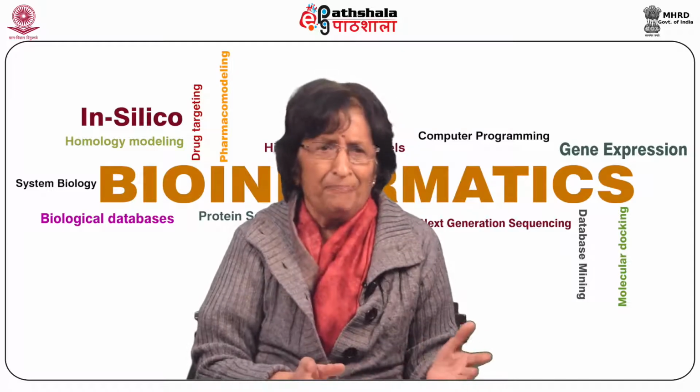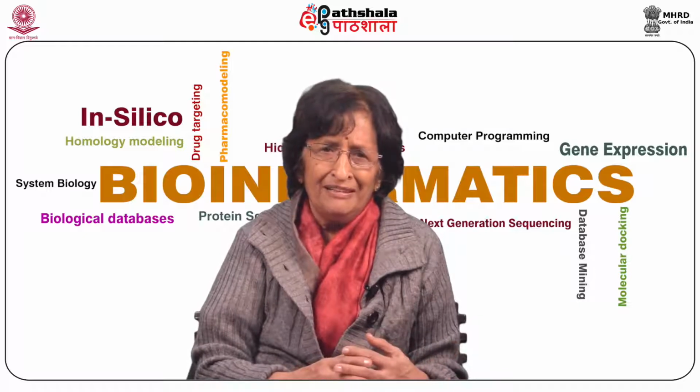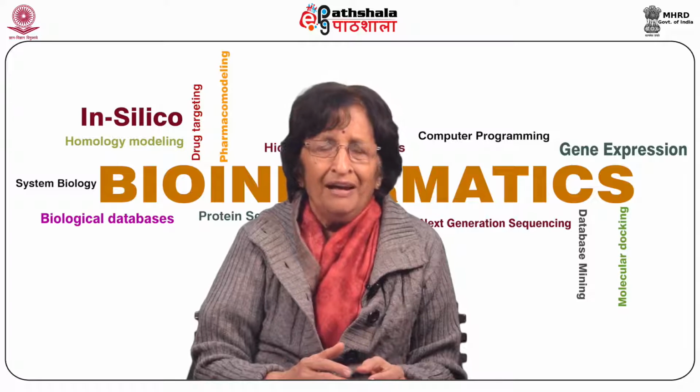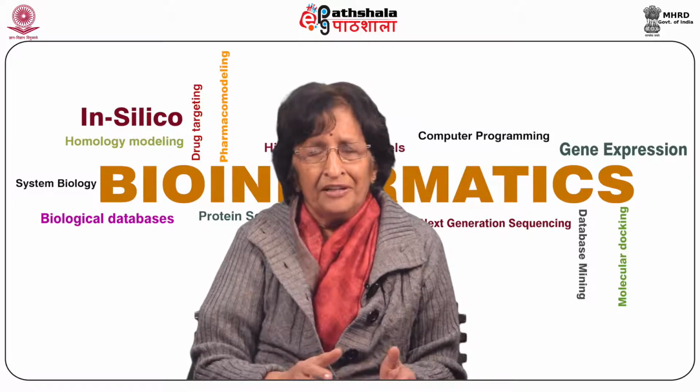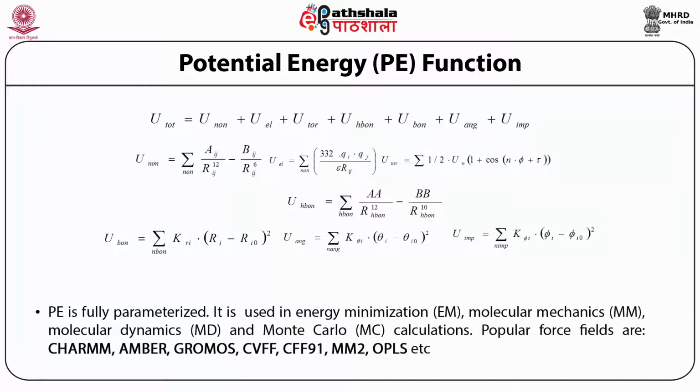Later, many people worked on this conformation energy minimization using atom-atom energy function, and other scientists modified these techniques. We show in this slide the potential energy function that can be used in general in most of the calculations.